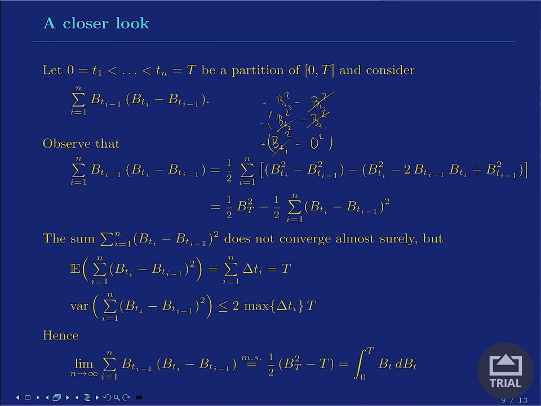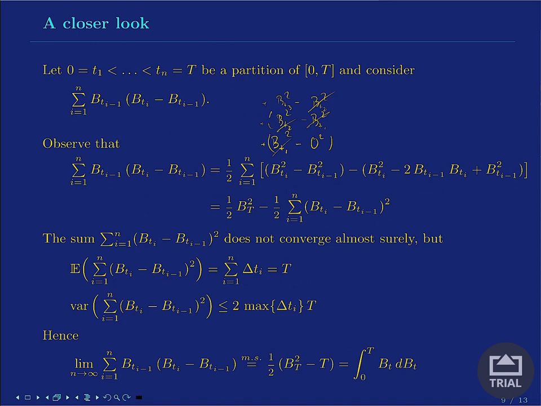The mean of the squared increment actually is the variance of this increment, which is delta t_i. So we have the sum of all these intervals, which is the total length of the interval from 0 to t, so that is t.